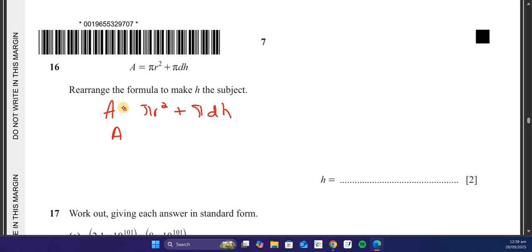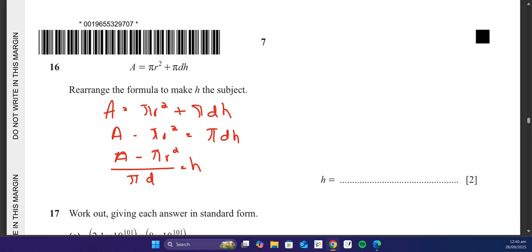That would mean A minus pi r squared equals pi dh. That should mean A minus pi r squared over pi d equals h. And that should give us a final answer of A minus pi r squared over pi d.